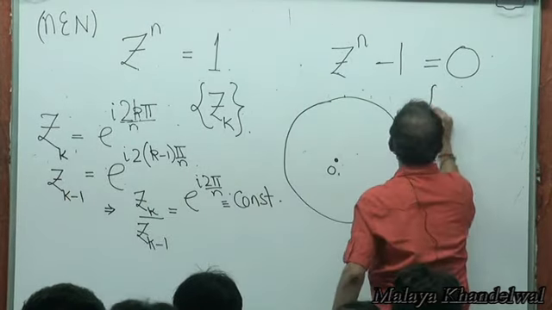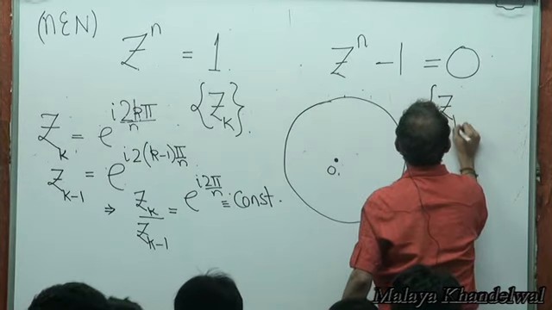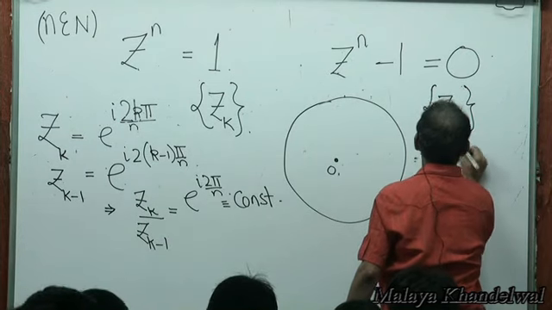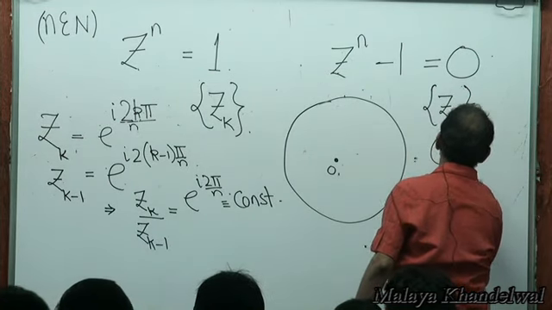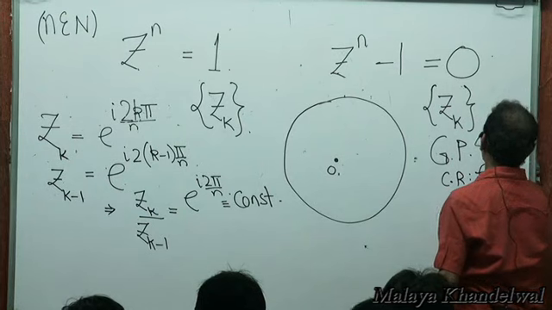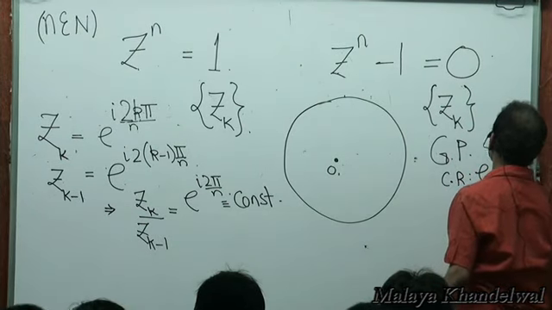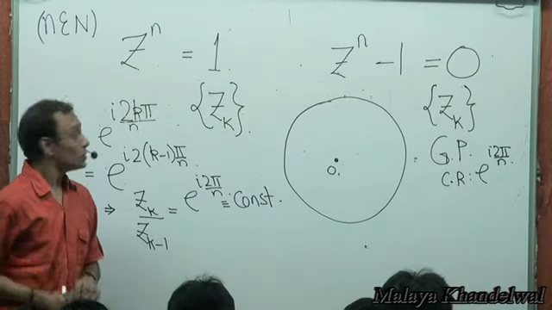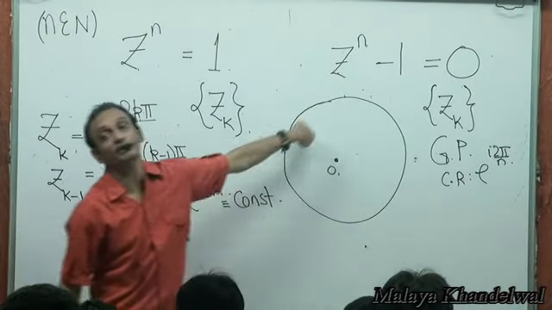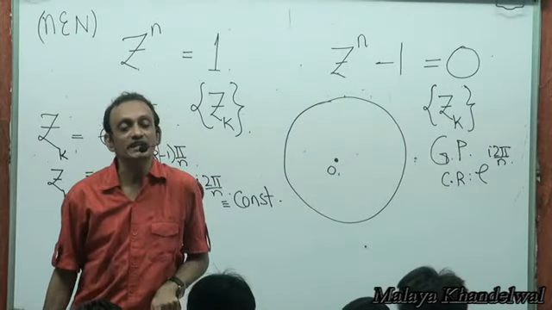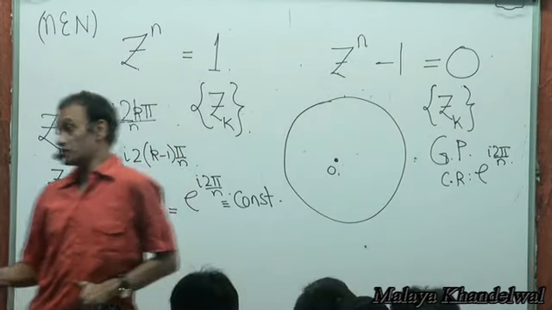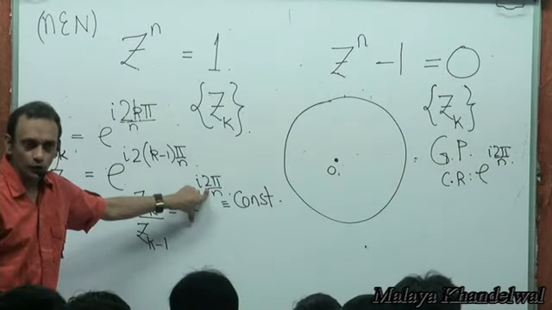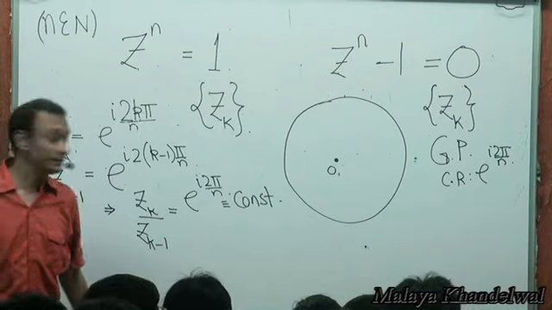So not only are these zk's located geometrically on a unit circle centered at the origin, these zk's are also in GP with common ratio e power i 2 pi by n. So far so good, right?